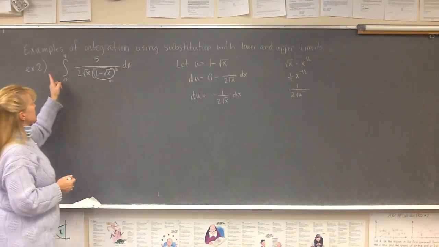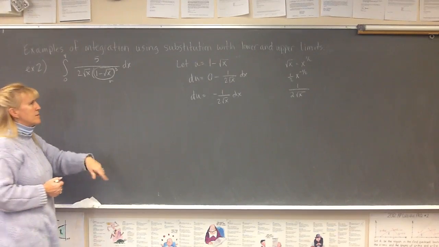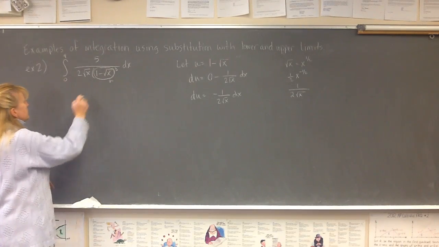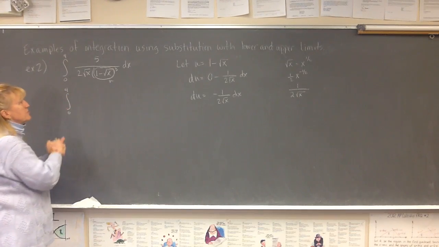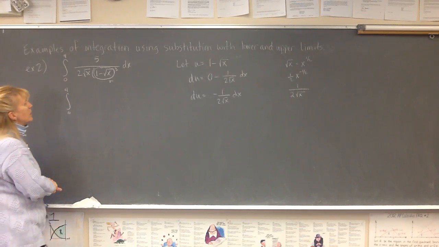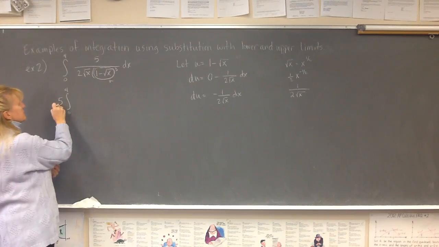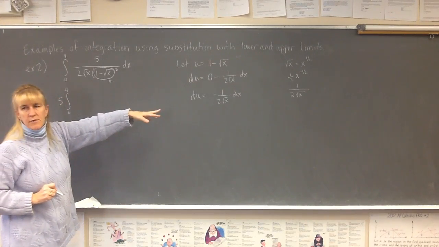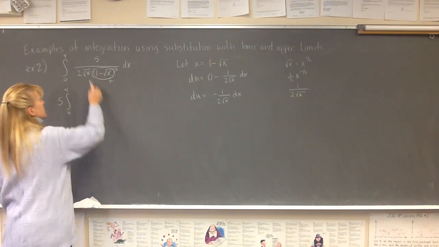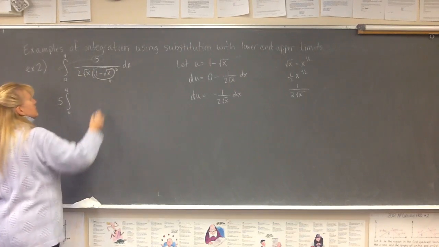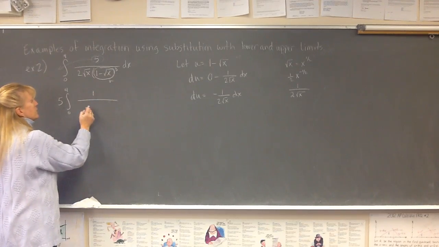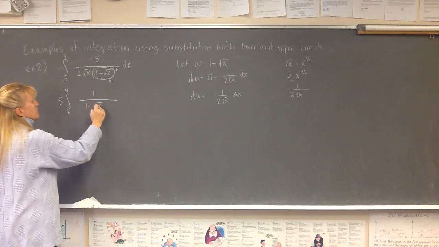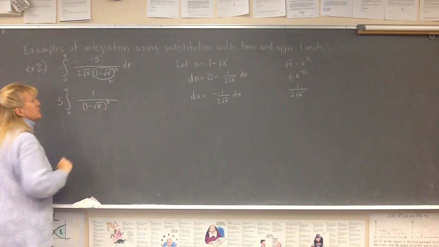Matter of fact, that negative sign looks like I'm going to make that go away somehow or another, because I don't see a negative sign over here. Well, let's just rewrite this. We're going from 0 to 4. I'm going to stay in terms of x's for a minute. Let's pull that 5 to the outside. This 5 would be really nice to just take to the outside. Looking at 1 over 1 minus the square root of x quantity cubed.